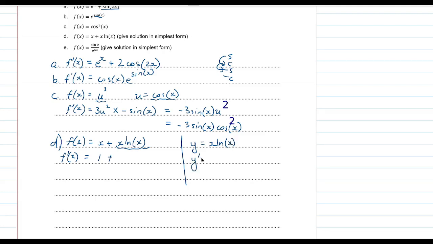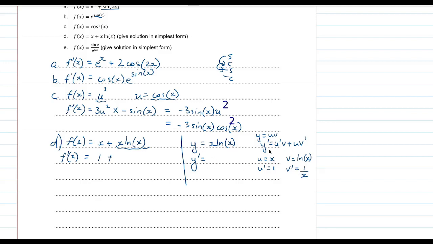So remember product rule tells us if y is u times v, then y dash is u dash v plus u v dash. In this case, our u is x, and so our u dash will be 1, and our v is ln x. So our v dash will be 1 on x.